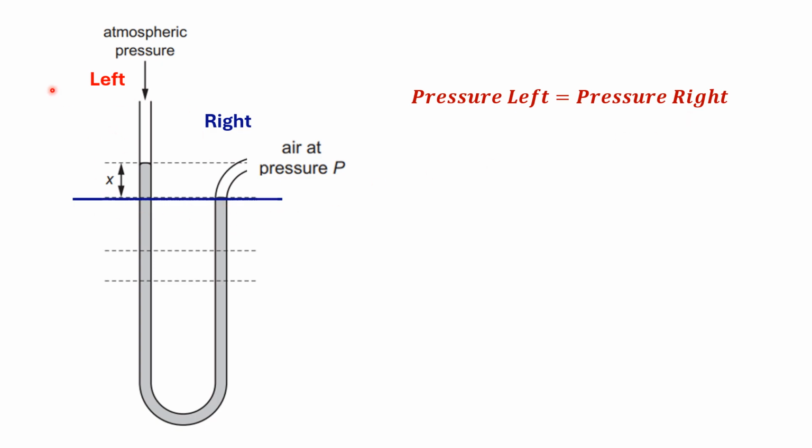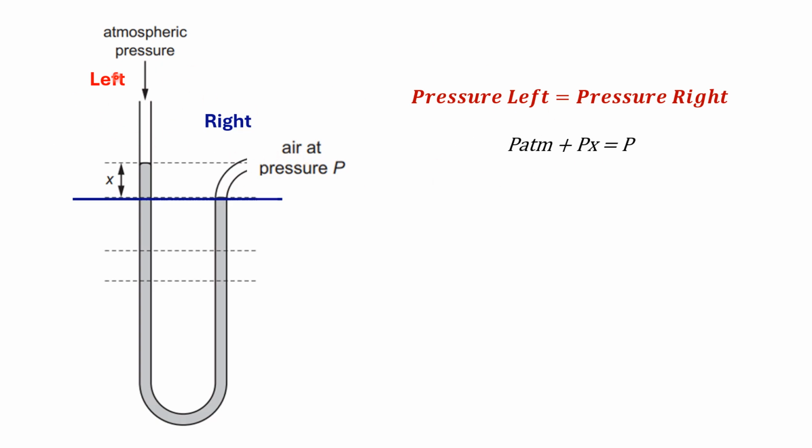On the left side, we have the atmospheric pressure, and we have the pressure of this mercury right here. And on the right side, we have the air pressure trapped between both tubes. So let's call it just P.